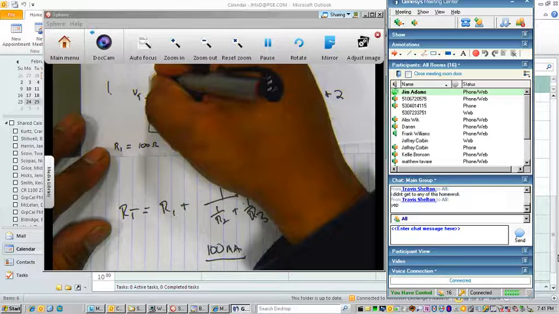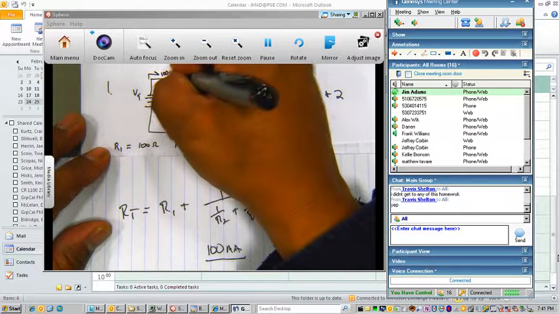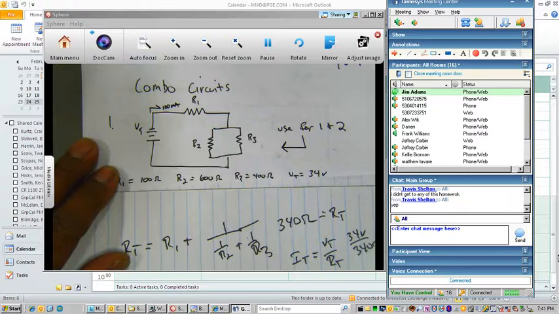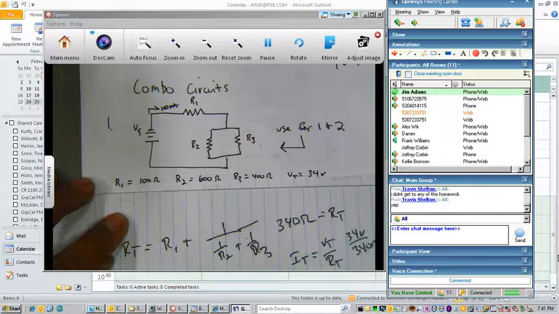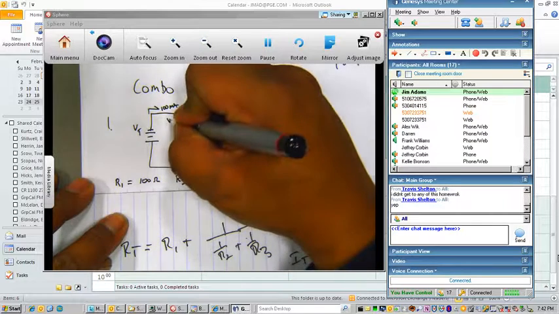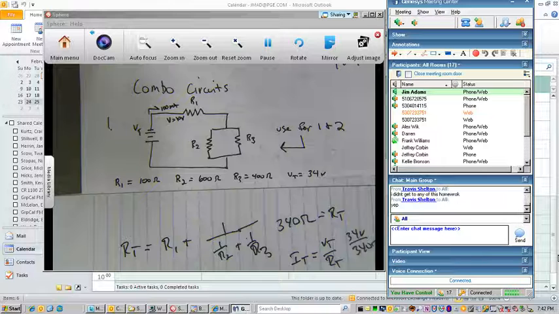And so RT should equal... I got 340 ohms. Okay. Yep, 340 ohms. Cool. That's RT.